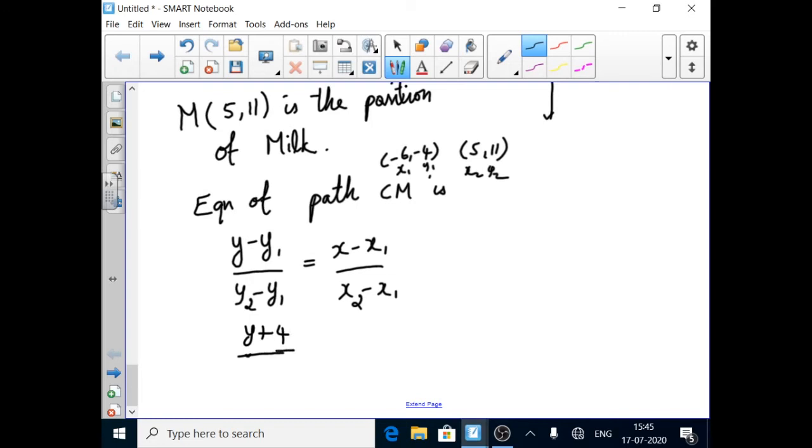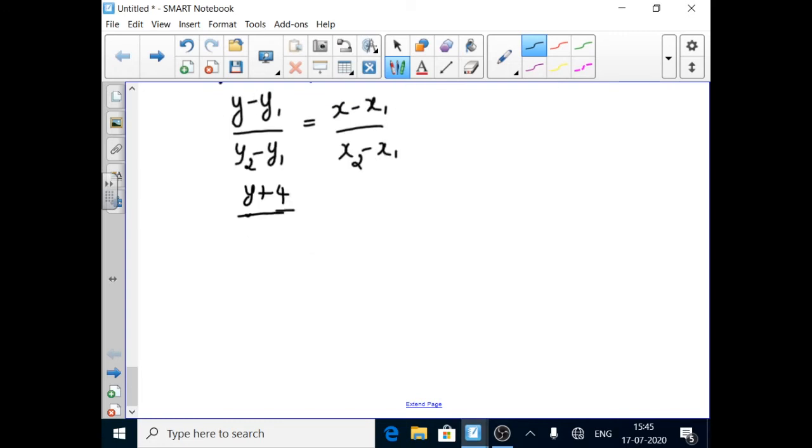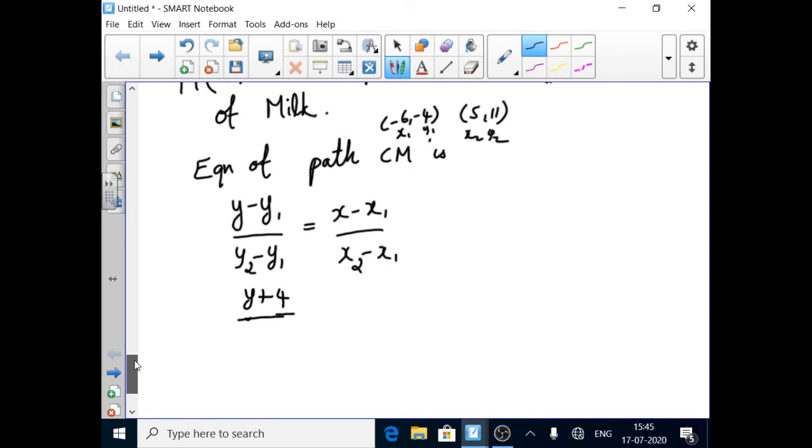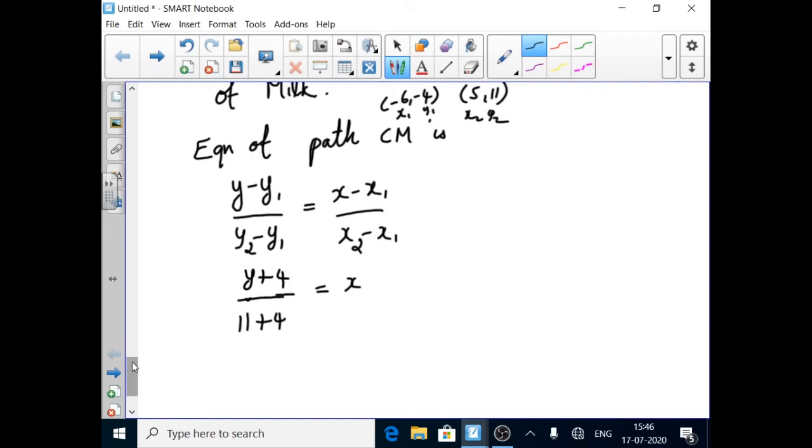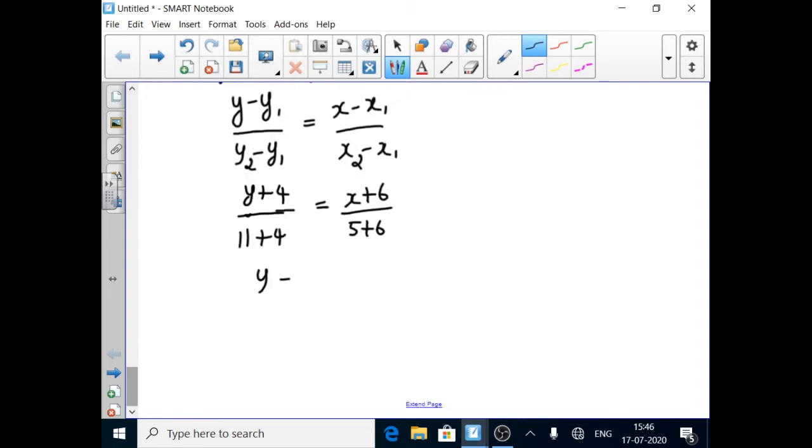Divided by y2 minus y1, y2 is 11, so 11 plus 4, is equal to x minus x1, that is x plus 6, divided by x2 minus x1, that is 5 plus 6. So here y plus 4 divided by 15 is equal to x plus 6 by 11.